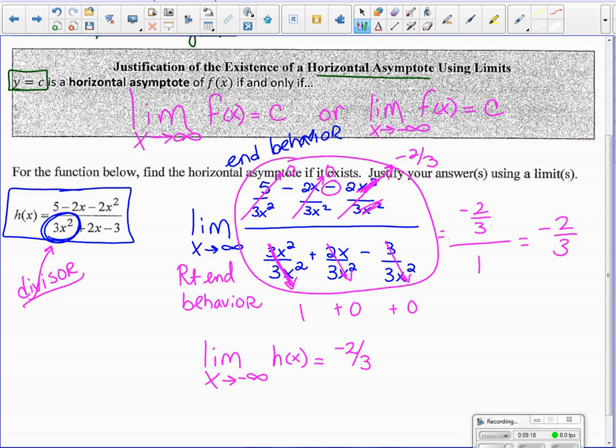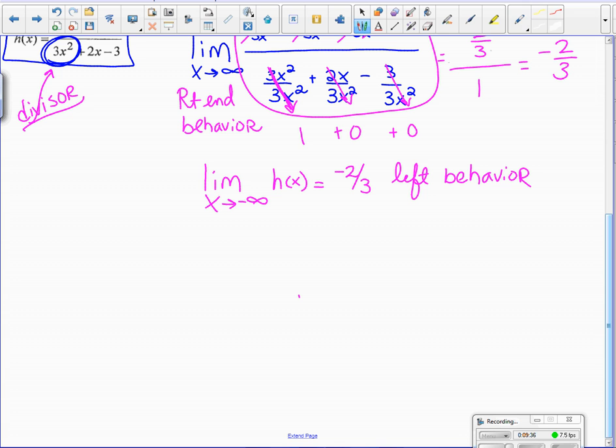So left and right behavior are identical. Left and right, this is left behavior, is the same. So clearly I have a horizontal asymptote. Horizontal asymptote exists, doesn't it?